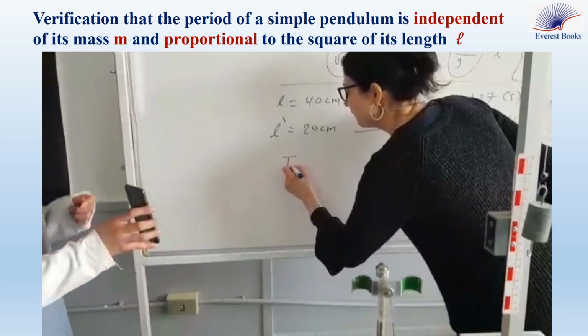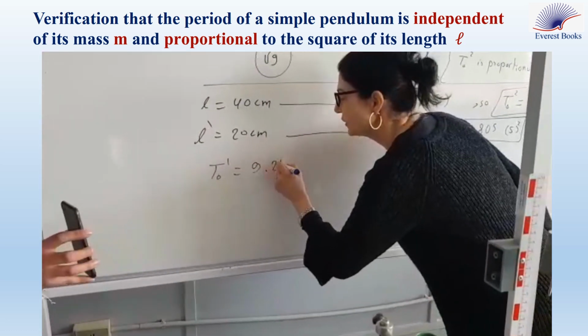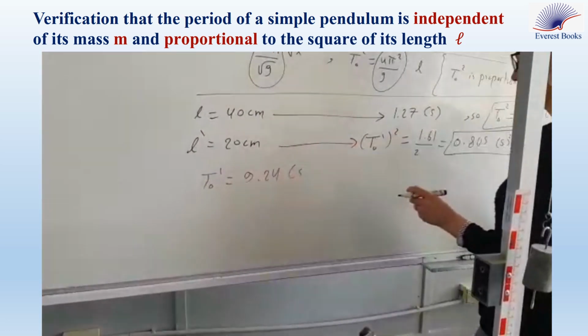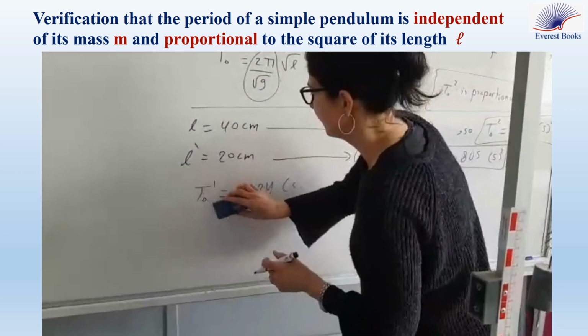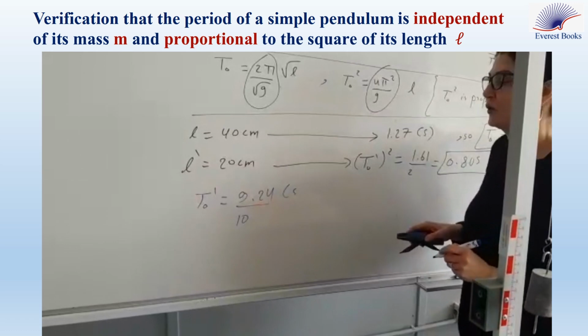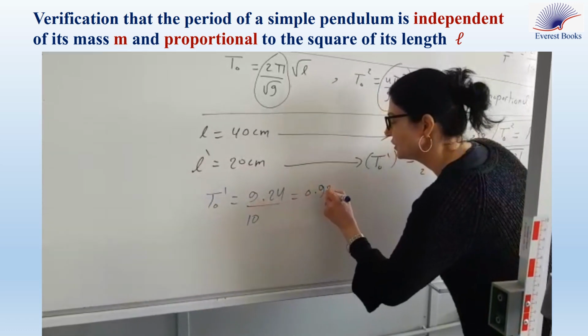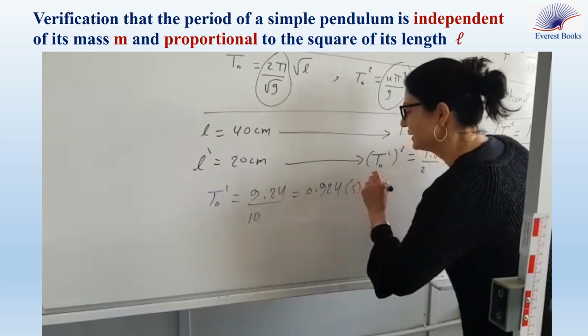So the new period is 9.24 over 10 seconds, which is equal to 0.924 seconds.